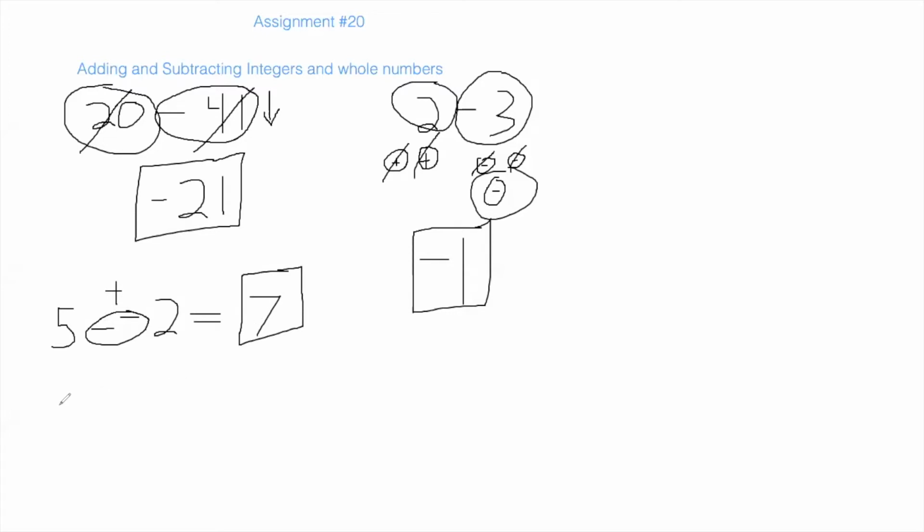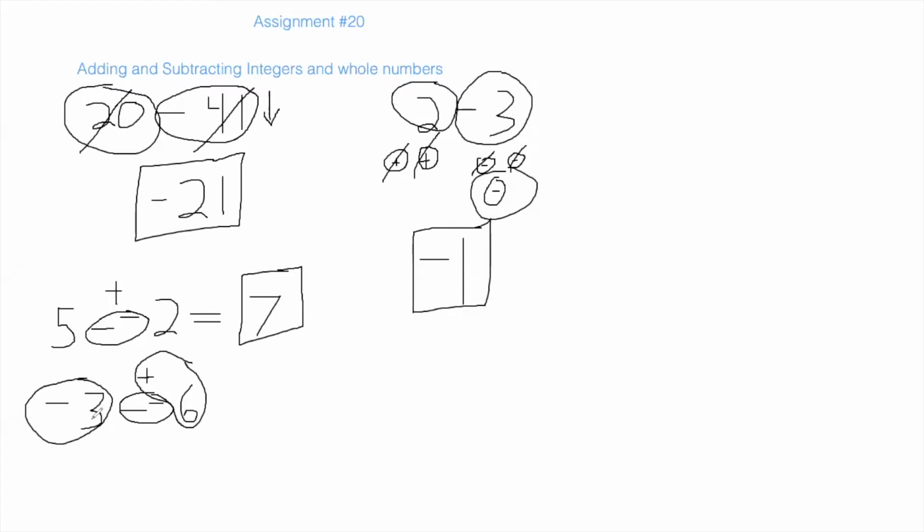When you have a negative, it's the same thing. If you have a negative 3 minus negative 6, these two combine and turn into a positive. Now your question is this: there's 3 negative and there's 6 positive.